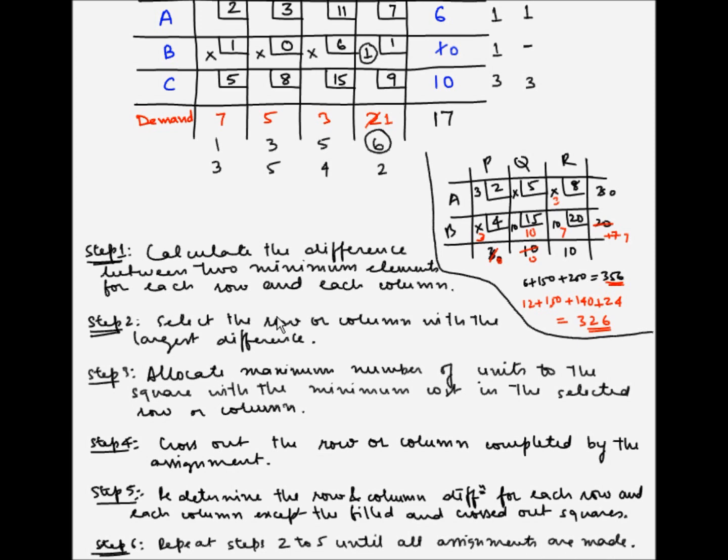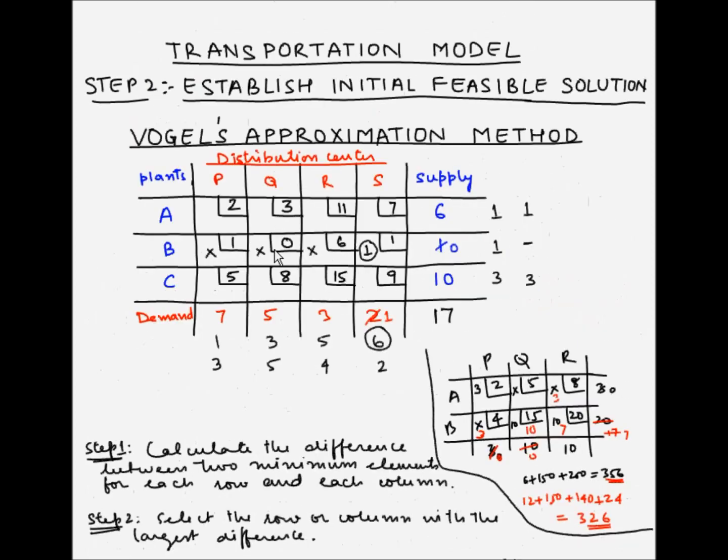So now step 2 is select the row or column with the largest difference. So here the largest difference is 5.